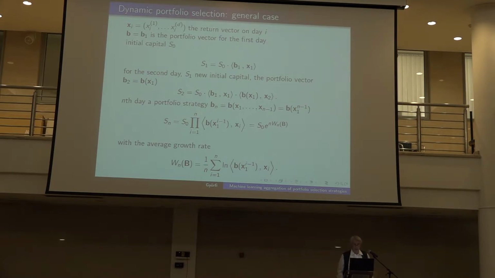And the question is how these functions of i-1 vector variable have to be chosen such that for the long run this W and B is as large as possible. It looks very strange and very complicated how to choose in a time-dependent way these functions.